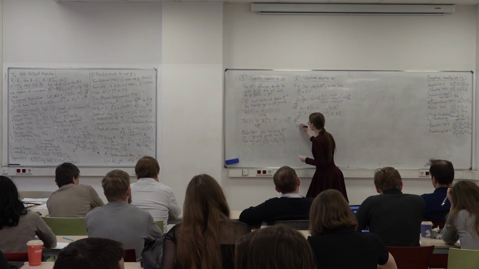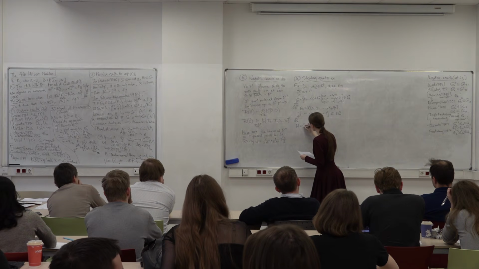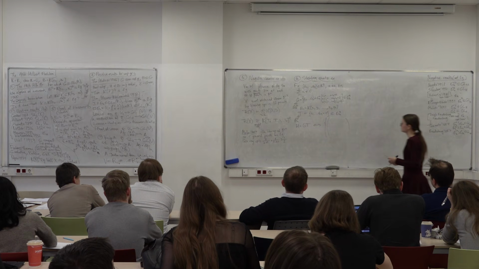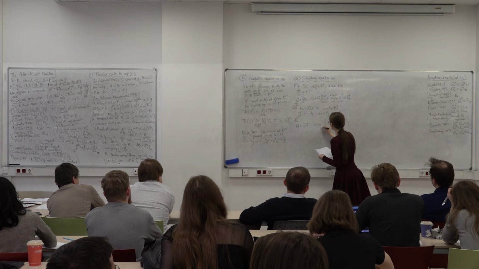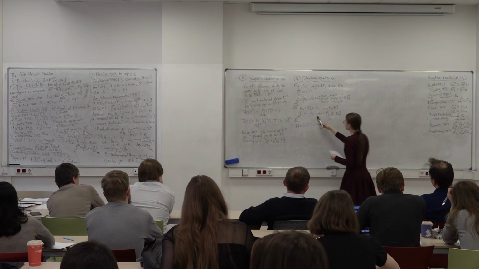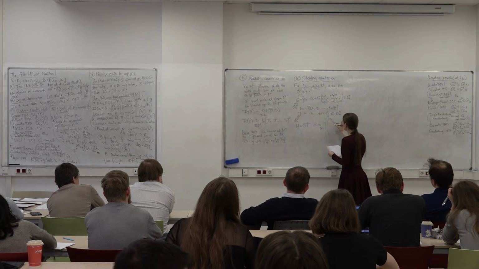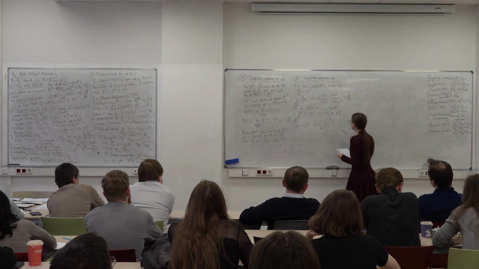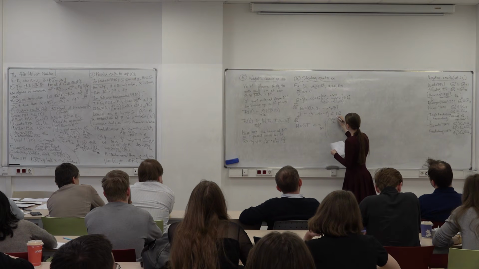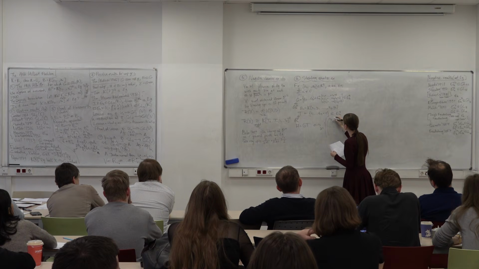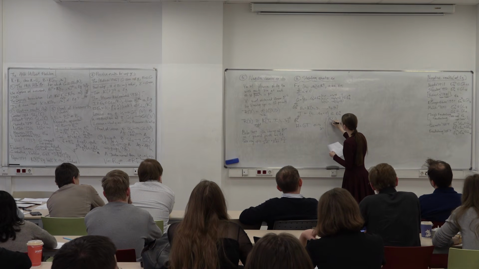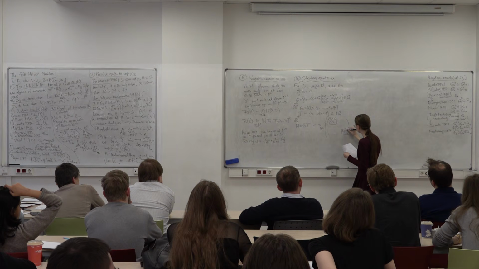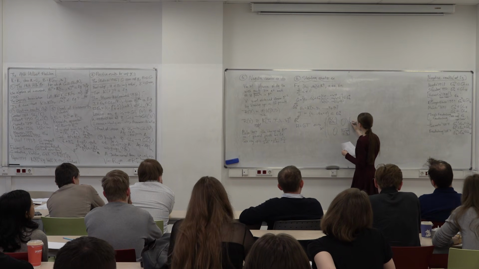And their product we will represent in GL18 in the following way. The torus acts on variables as usual. T1 acts on x1 and y1. And the unipotent part is acting only on y's. So we have such block matrices. It is 18 by 18.